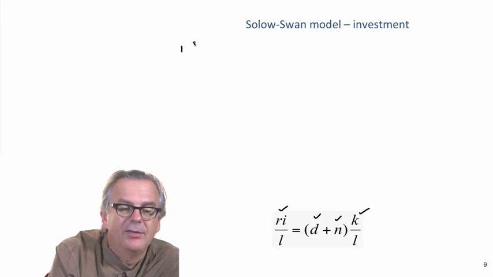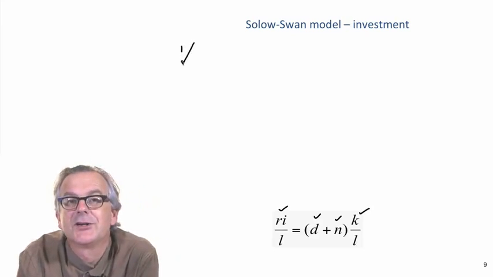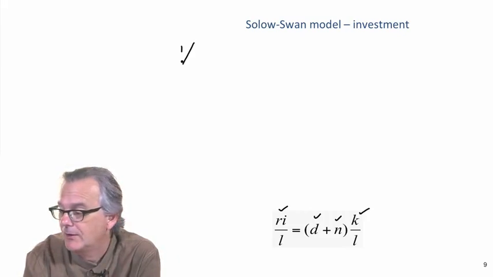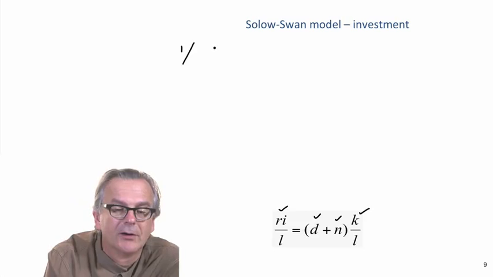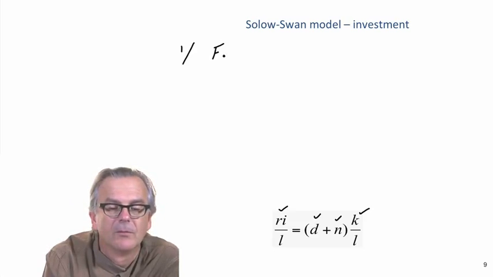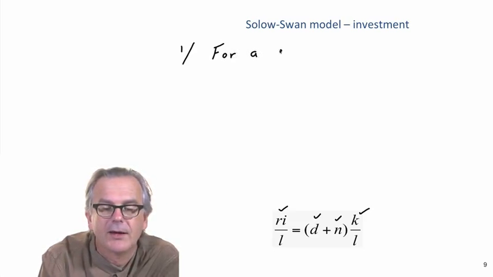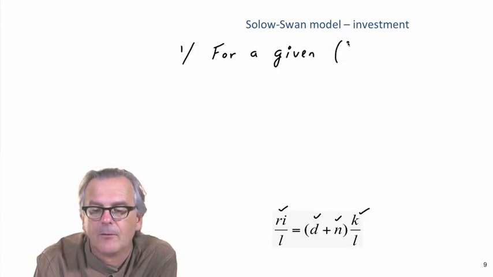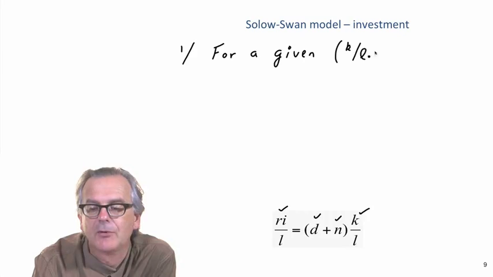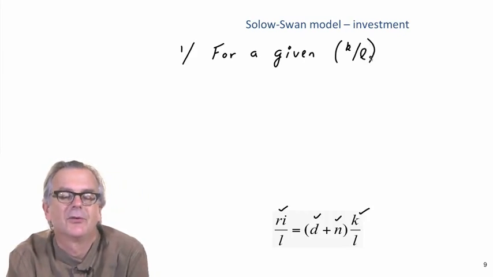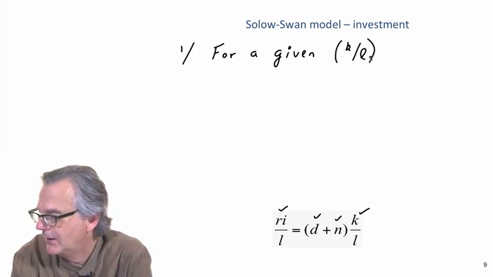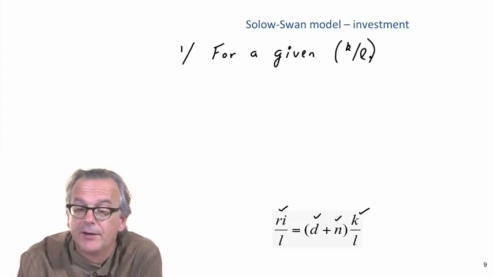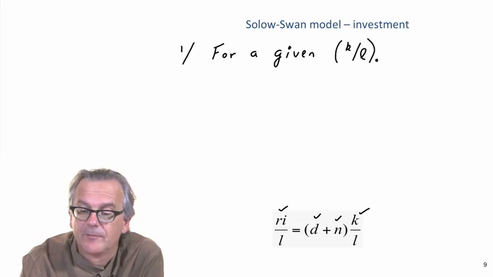The easiest way to think about what that expression is actually saying is to think about the following two situations. Suppose you have a given ratio of capital to labour. So think of that as the starting point. You start with a particular ratio of capital to labour. And we're just going to hold that fixed.